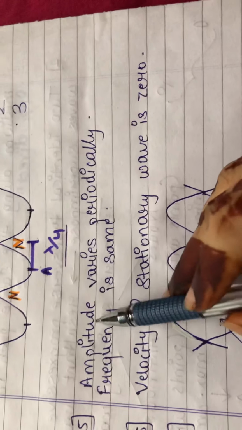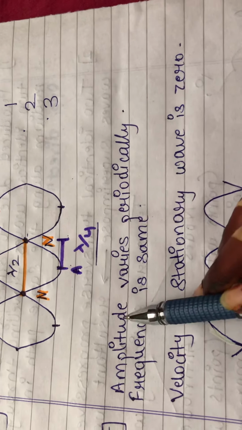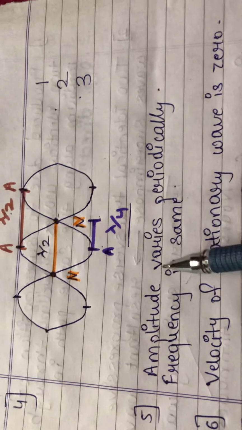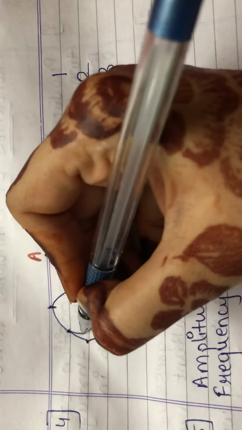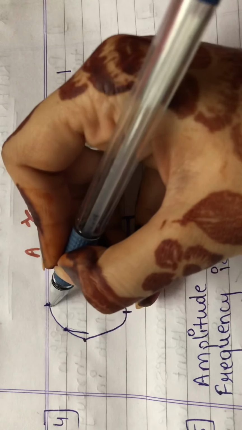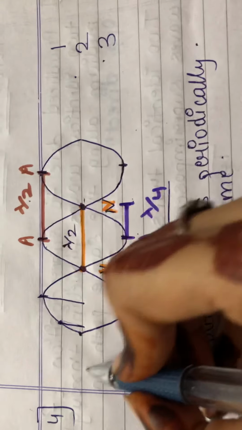Next point. Now the amplitude of the particles varies periodically. Amplitude keeps on changing. Yes, of course, if the particle is over here, let's see its amplitude. Here the amplitude will be less. What is amplitude?